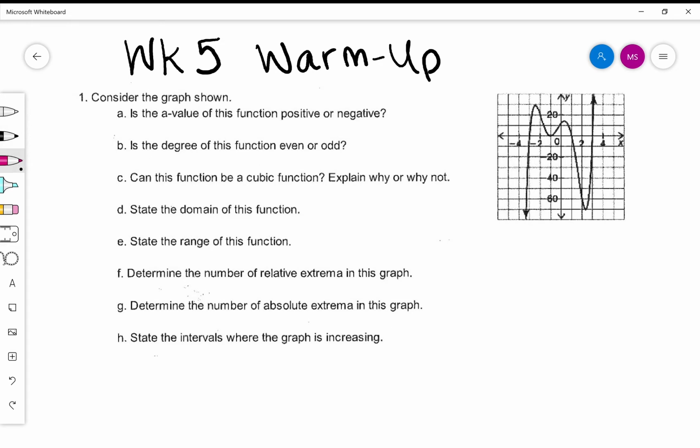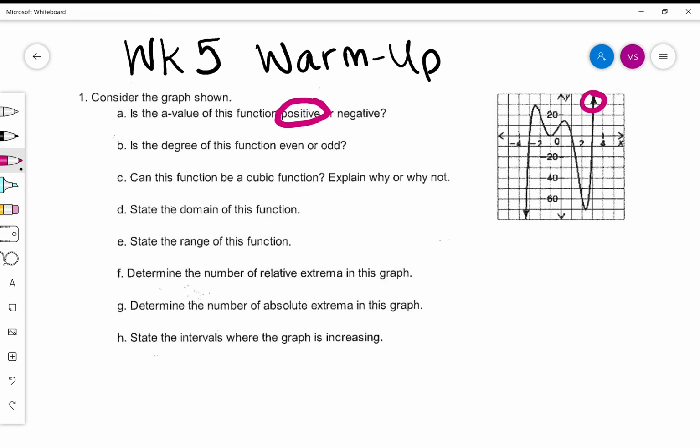Letter A. Is the A value of this function positive or negative? So again, pause your video, state if your answer is positive or negative, and then unpause to see what the right answer would be. Okay, so the answer is going to be positive because it ends positive.